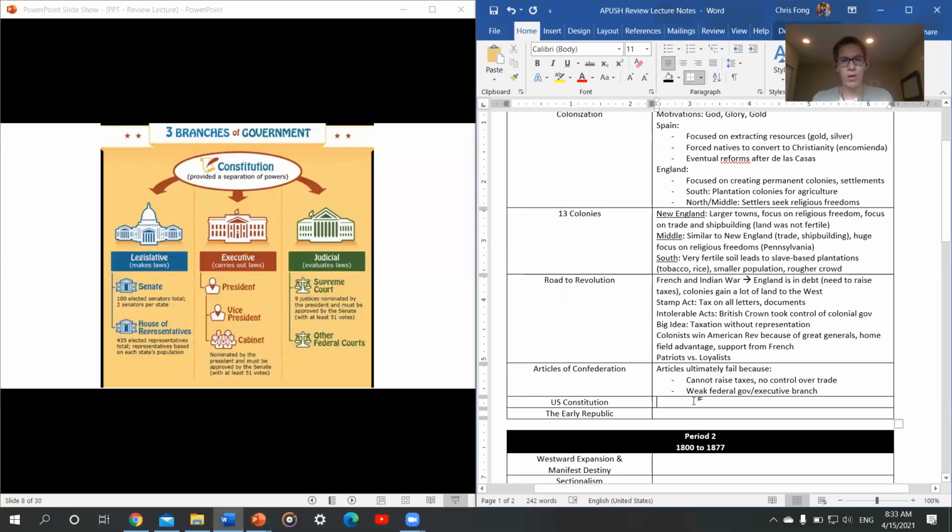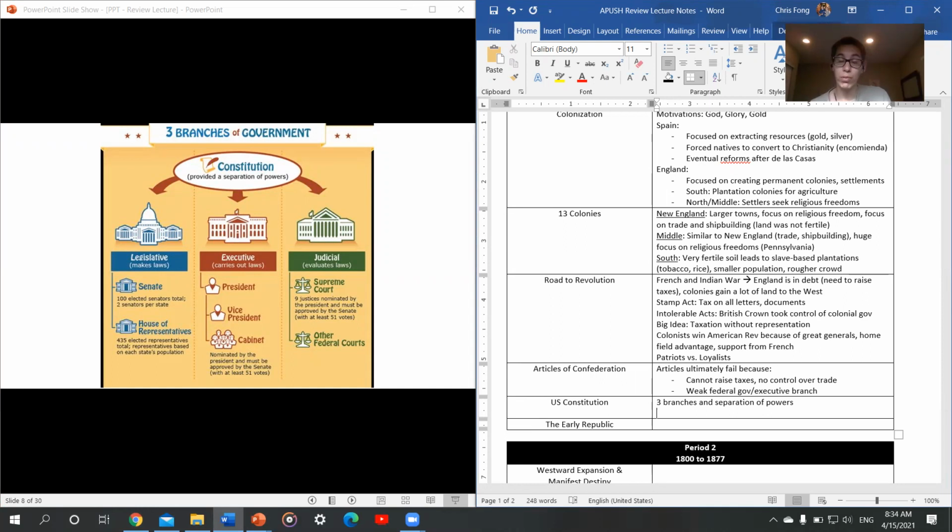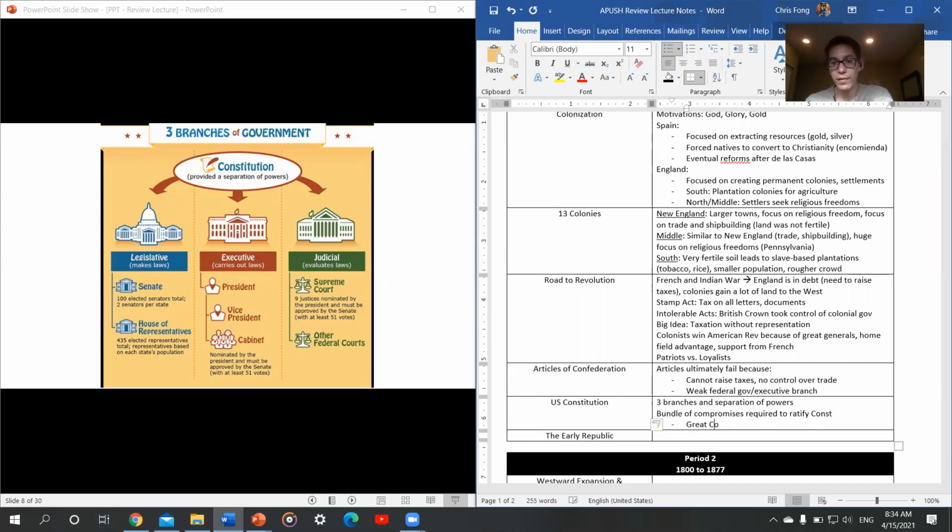Some things that you might want to know with the U.S. Constitution. Okay, you've got your three branches and kind of a separation of powers. You have a stronger president, but in theory they're balanced out. But then you also have kind of this bundle of compromises that was required to ratify the Constitution. You have the Great Compromise, which created the House and the Senate.